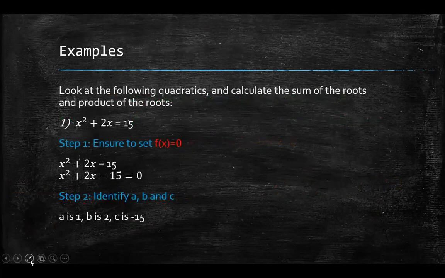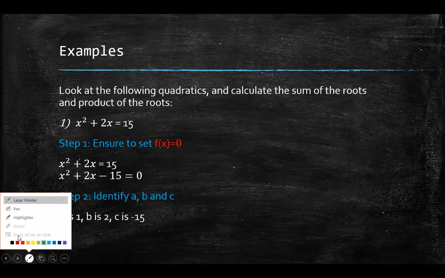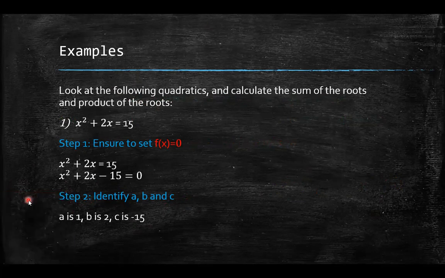Okay. So this is an example of what CSEC might ask you. Look at the following quadratics and calculate the sum of the roots and the product of the roots. So this is your quadratic: x squared plus 2x is equal to 15. But first you need to ensure that this quadratic is set equal to 0.